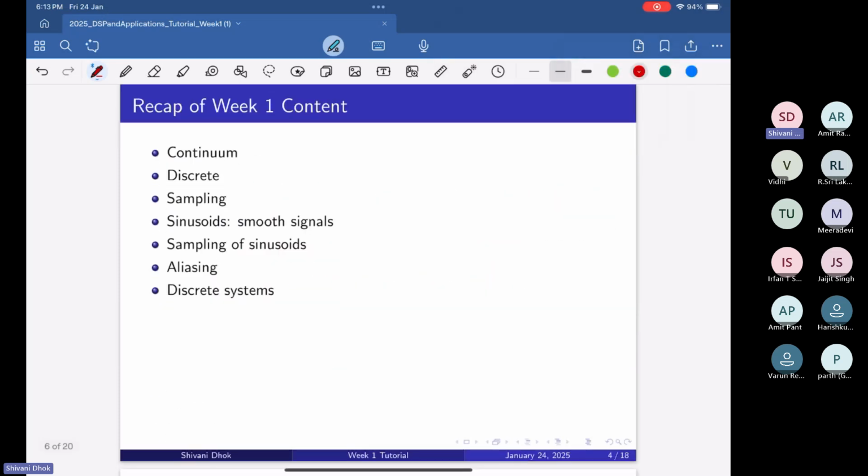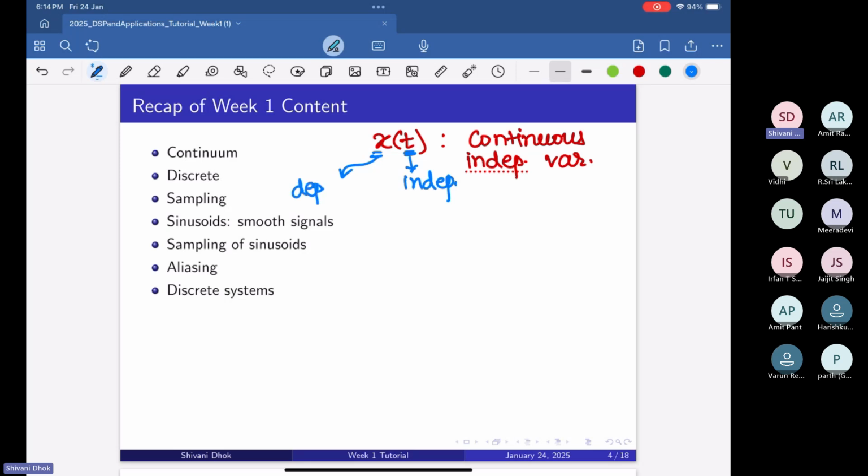So what we are doing, let's say we have a signal x of t. This is having a continuous independent variable. So here anything inside this bracket is our independent variable and anything outside this bracket is our dependent variable. So this is continuous.